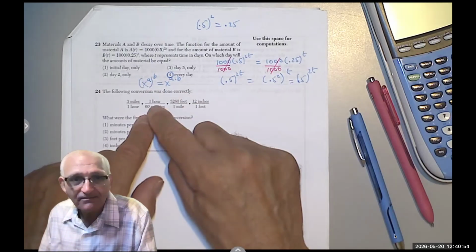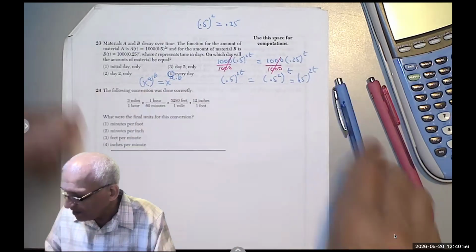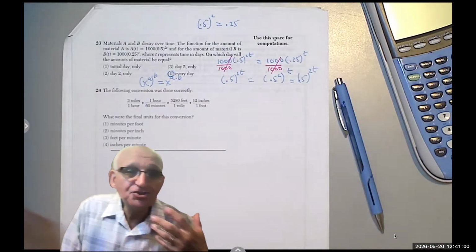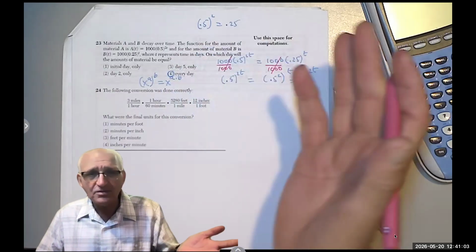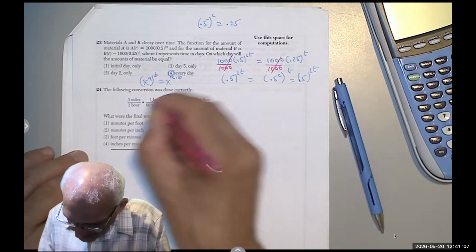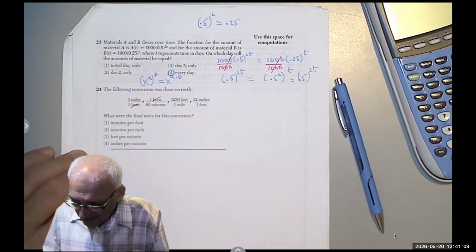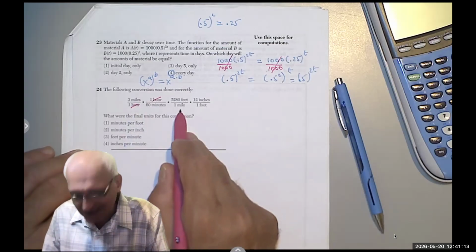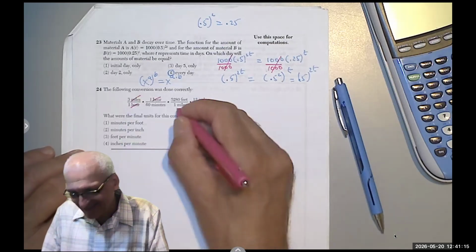So all you do, which is the easiest problem ever, is treat the units like variables. You say, oh, I have hour in the numerator and hour in the denominator, so I cancel them out. I have miles and mile. Yeah, you say there is an extra S, but they are the same unit, right?